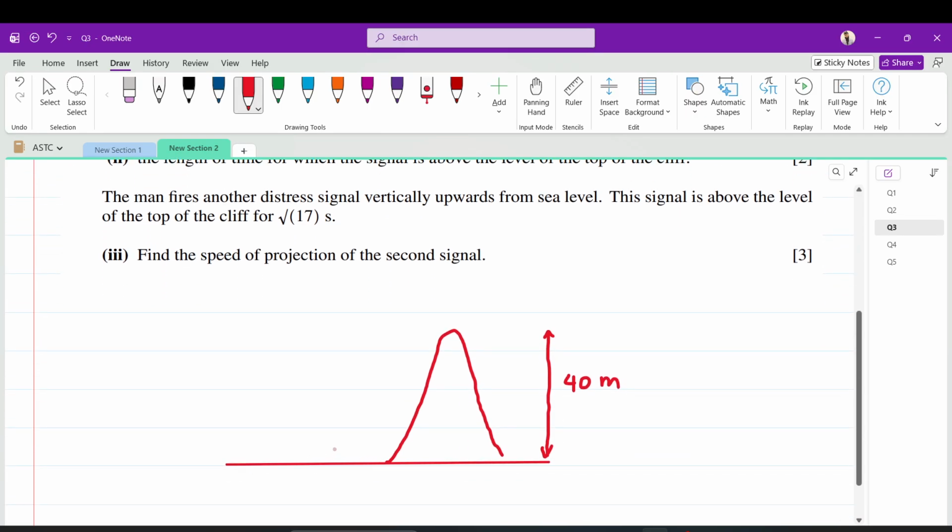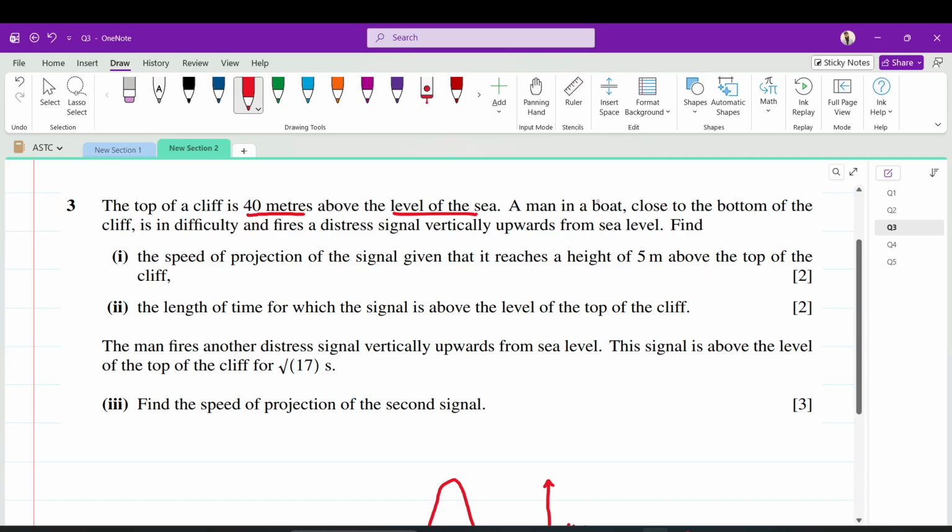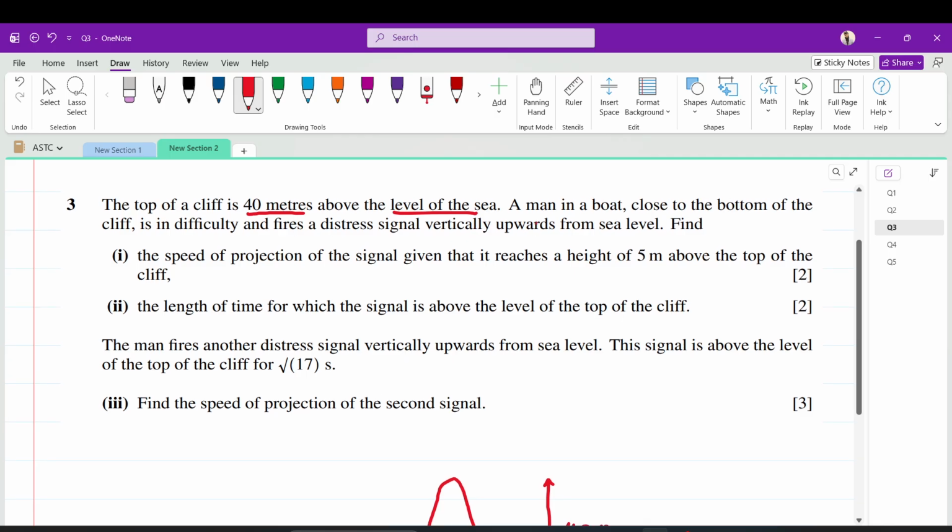So the bottom of the cliff will be somewhere here, right? So let's say this is your boat and this is the man who is standing on the boat. Okay, then it says that he fires a distress signal vertically upwards from sea level. The speed of projection of the signal, find the speed of projection. Okay, so basically you need to find the initial velocity. Okay, so that is the question.